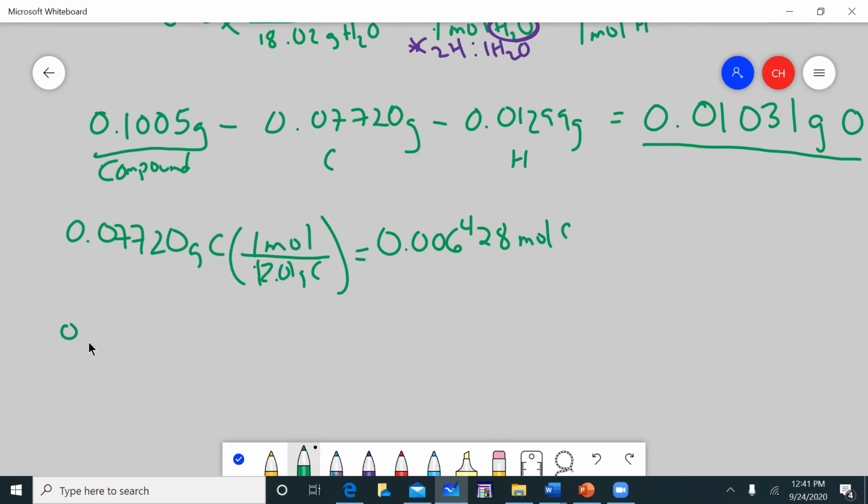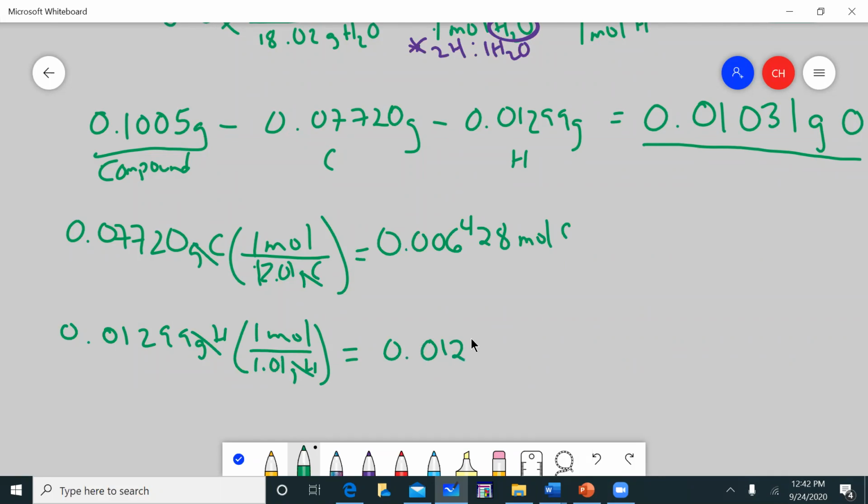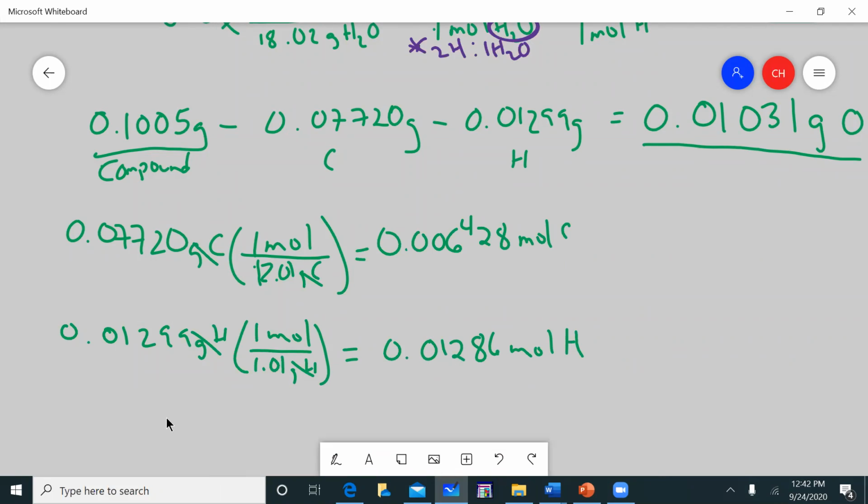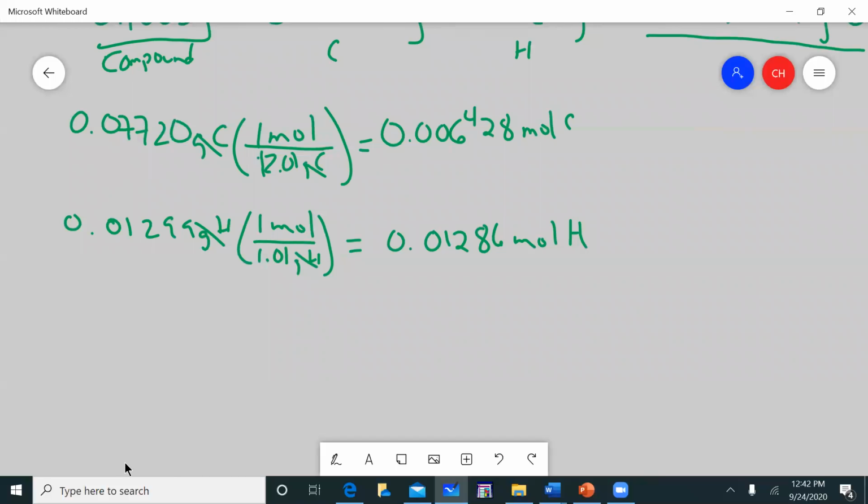So we've got 0.01299 grams of hydrogen. 1 mole of hydrogen is 1.01 grams of hydrogen. The grams will end up canceling, and we end up with 0.01286 moles of hydrogen.